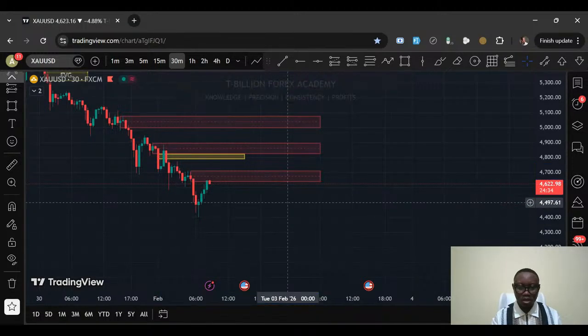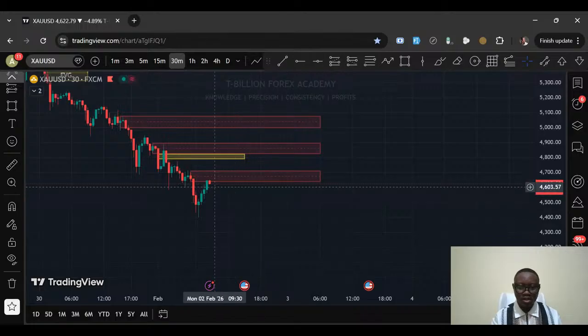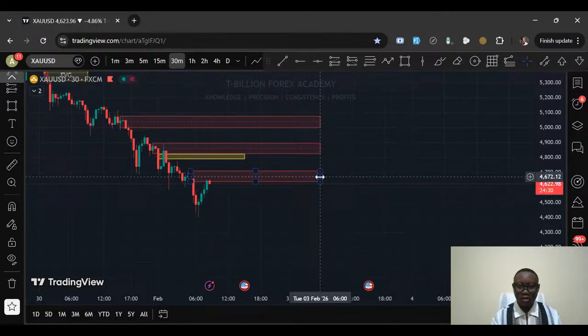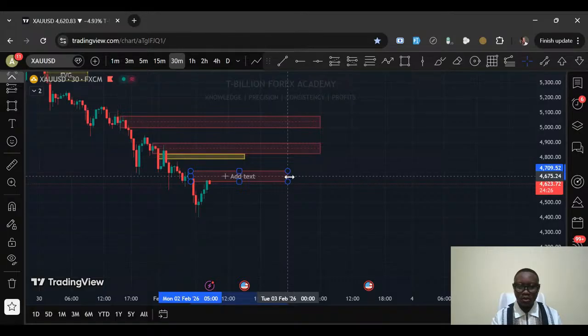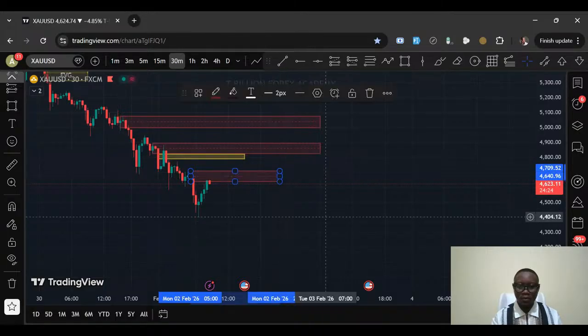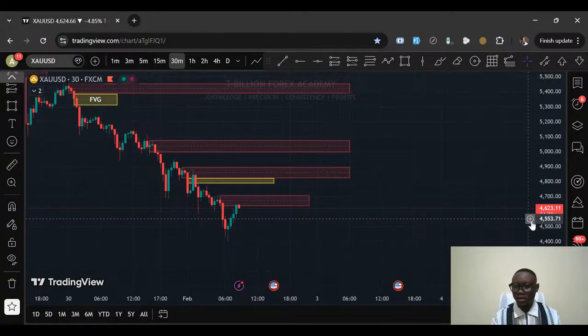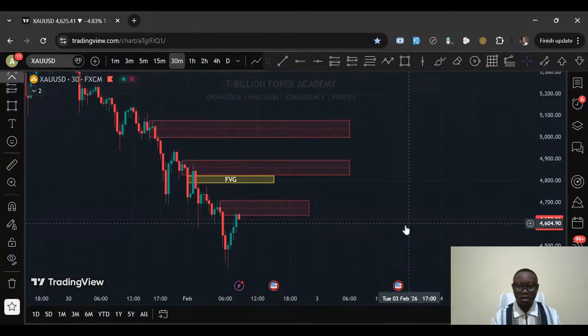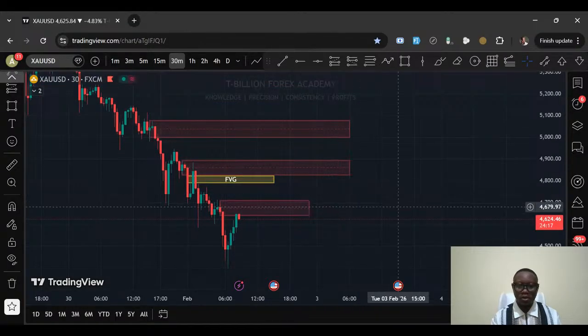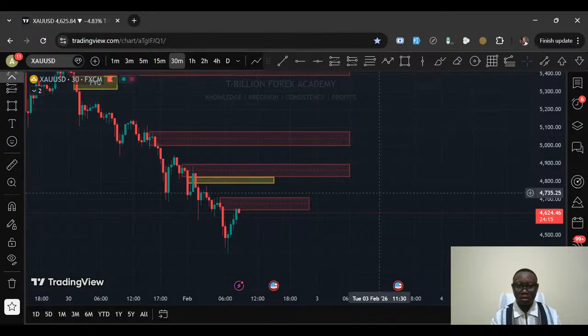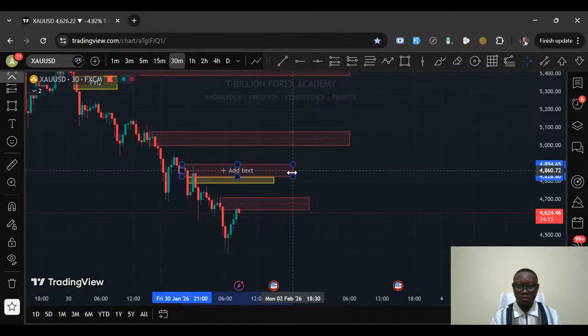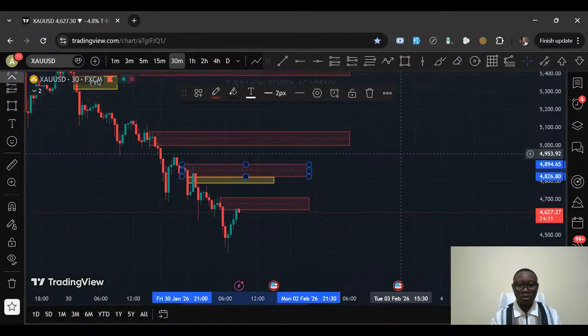Like I said, price is currently reacting on it. So we can take a quick sell on this trade. It's just a quick sell.